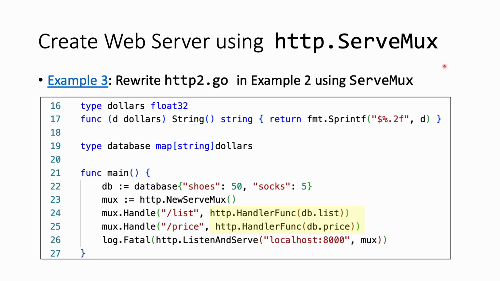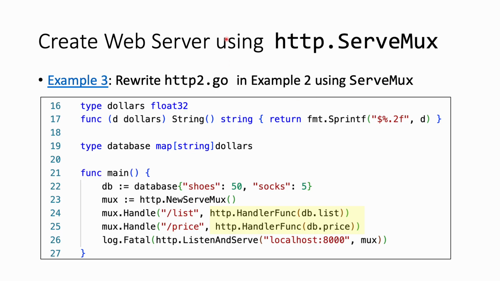Now I'm going to show you an example of how to use http.ServeMux to create a web server. In this example, we rewrite the web server http2.go in example 2, but using ServeMux instead of implementing the http.Handler interface.